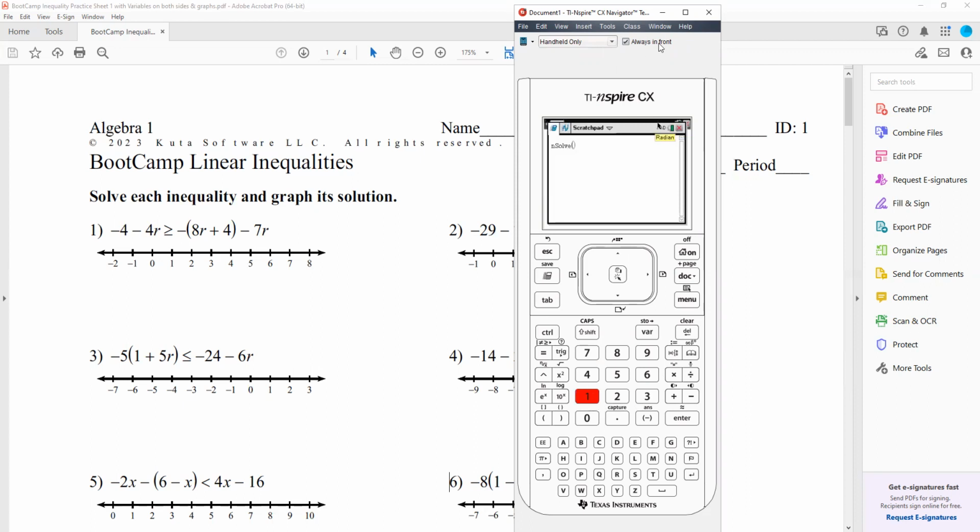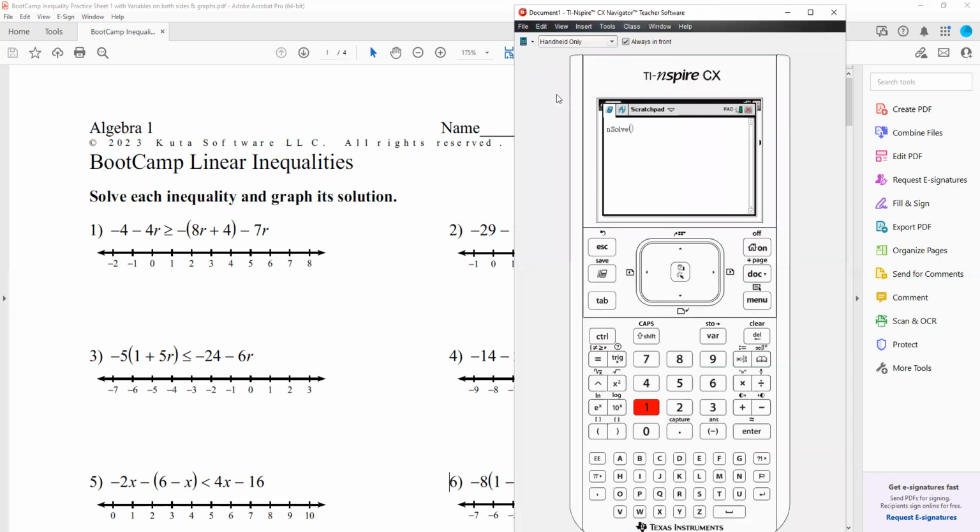And it has the word nSolve. Let me see if I can make this a little larger. Then you're just going to type in the inequality, but you're going to replace the inequality with an equation. So it's going to be -4 minus 4r equals, because I replaced the inequality, and it's going to be negative, parentheses, 8r plus 4.